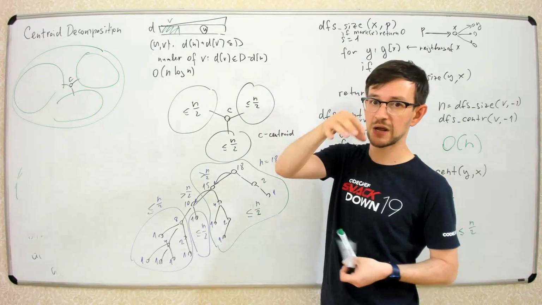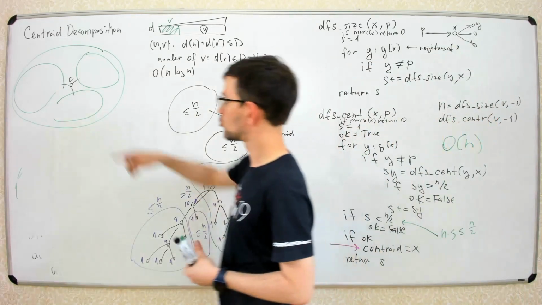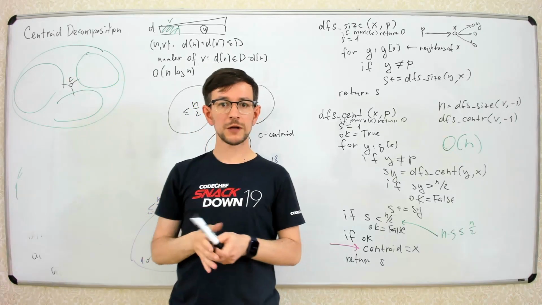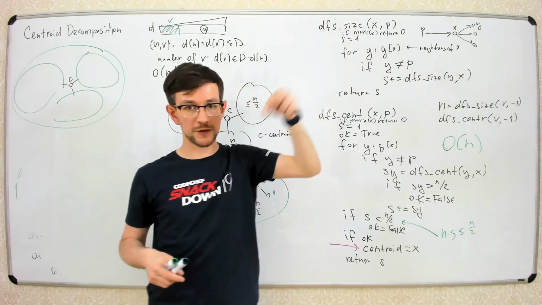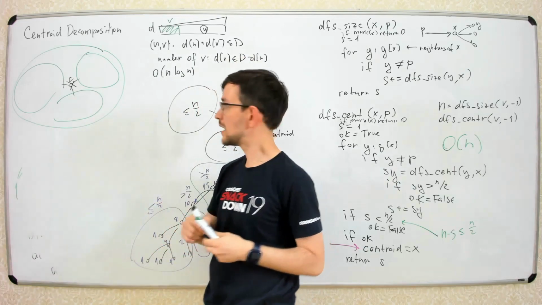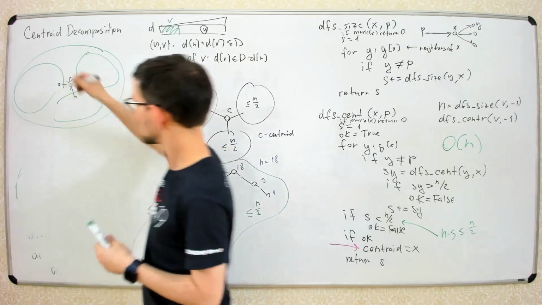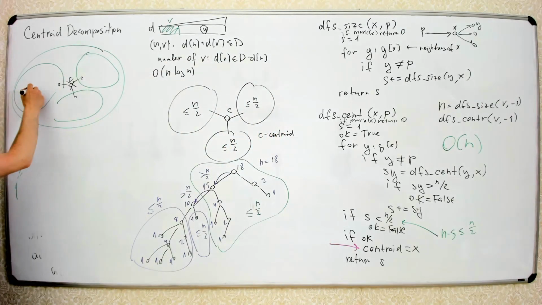So I need to find the centroid in each of these parts. And to find the centroid, I want to remove this node C from the tree, but instead of removing it, I'll just mark this node. So both DFSs will not go inside this node C. And now I call DFS from these three nodes. So this DFS will find the centroid of this part of the tree. Again, I will split the tree into some regions. Now I will remove this node, call DFS from these nodes, and so on.